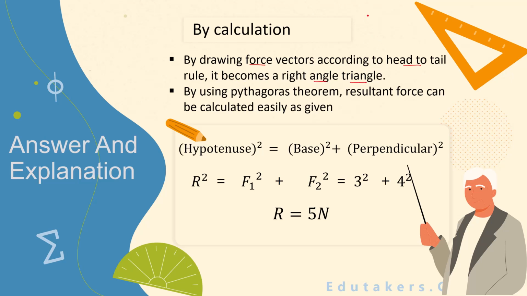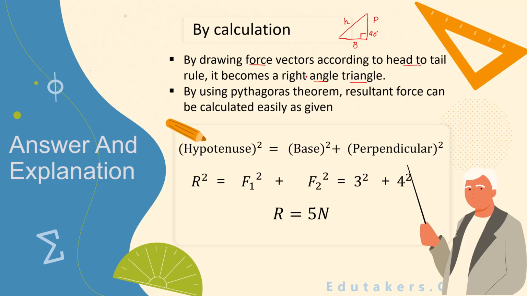A right angle triangle looks like that. There should be one angle which is equal to 90 degrees. For that we use the Pythagoras theorem. The resultant vector can be easily calculated. So here this side is the base, this is the hypotenuse and this is the perpendicular.